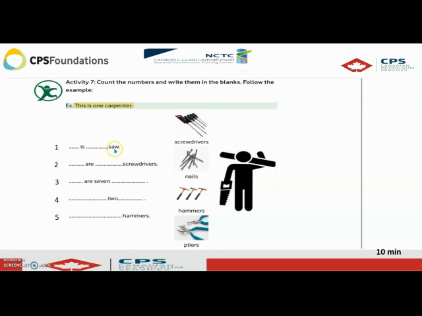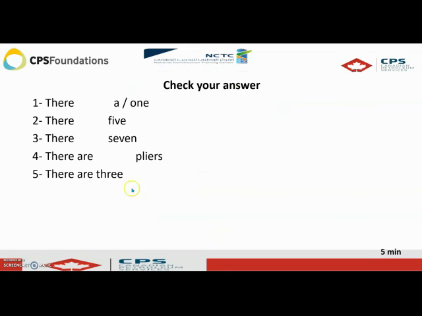Is saw. Are screwdrivers. 7, right? 2 what? Hammers. So you will look at the picture and use this, these, and how many items there are. Right?